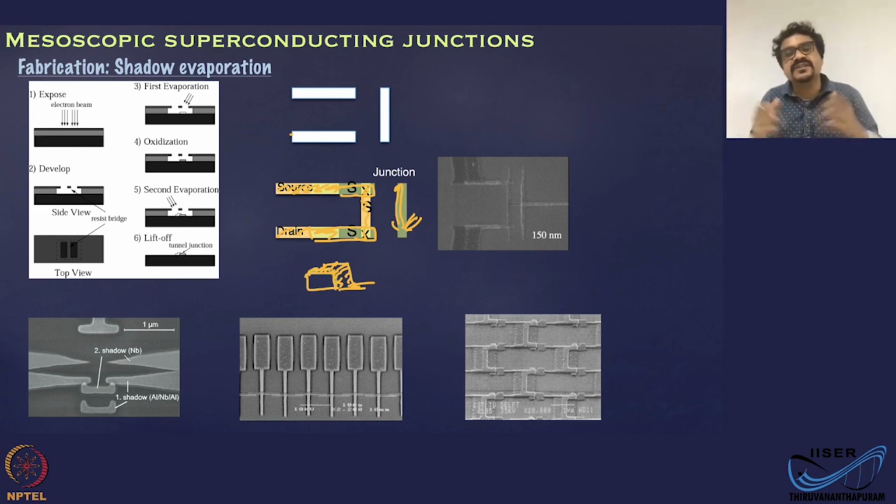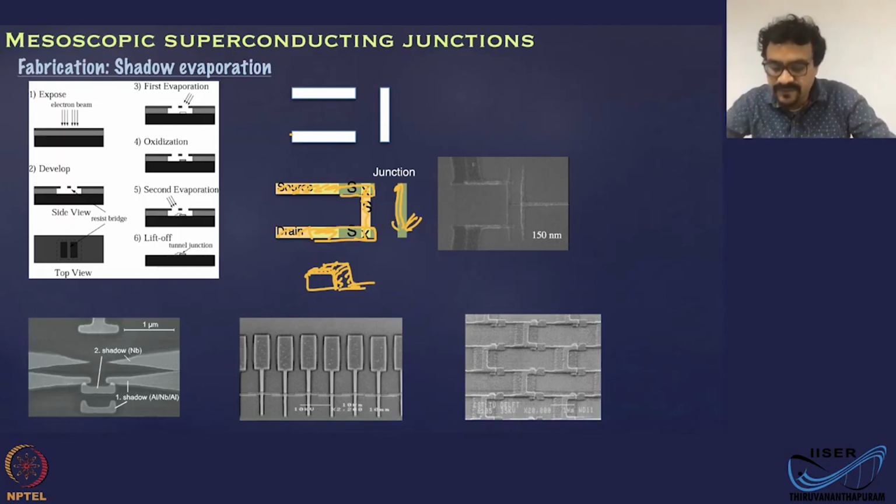So there is a junction. This is an actual pattern where you can see two shadows there. That is why it's called shadow evaporation, because you evaporate from one angle, oxidize, then you evaporate from the other angle, but there is an oxidation step in the middle.